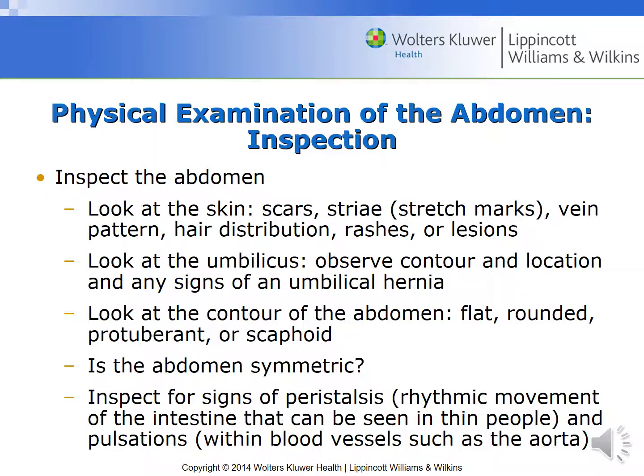Okay, when it comes to inspecting the abdomen, of course you're looking at the skin, but you want to look for any scars. This can be indicative of, for example, if the patient is coming in with right lower quadrant pain, one of the questions you might ask previously is, do you have your appendix? If they say no, and then you're inspecting their abdomen, a lot of times this is happening all at the same time, you might see a pretty large scar.